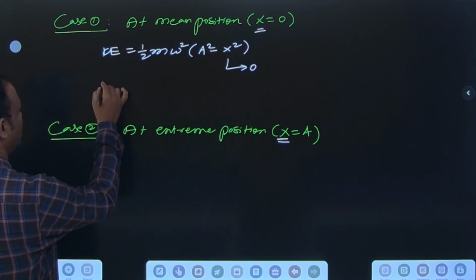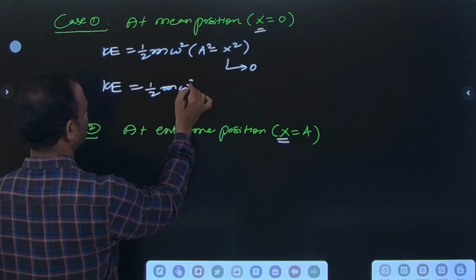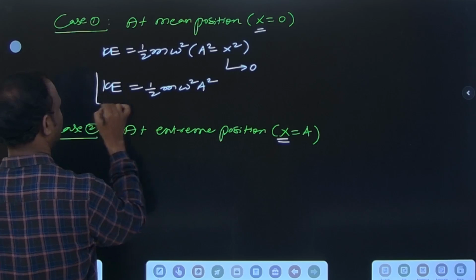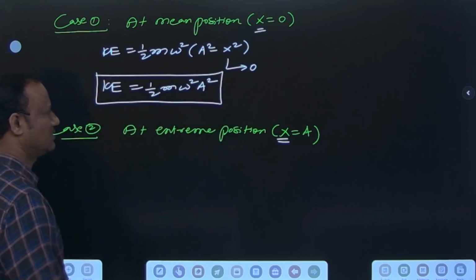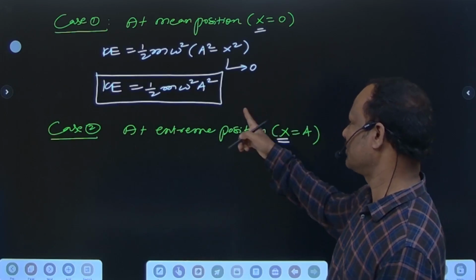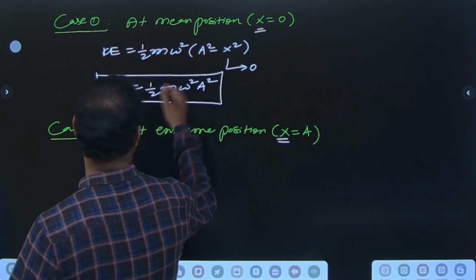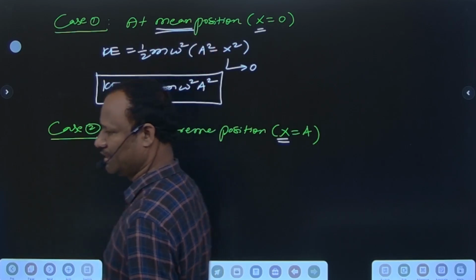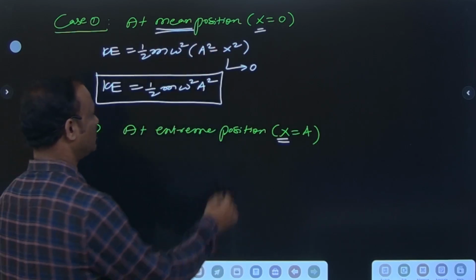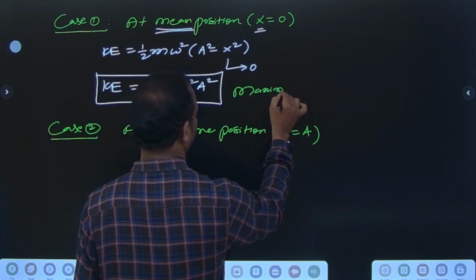So the kinetic energy K is equal to half m omega square a square. You know, this is the maximum kinetic energy. Where is it maximum? At the mean position. So this is the maximum condition.